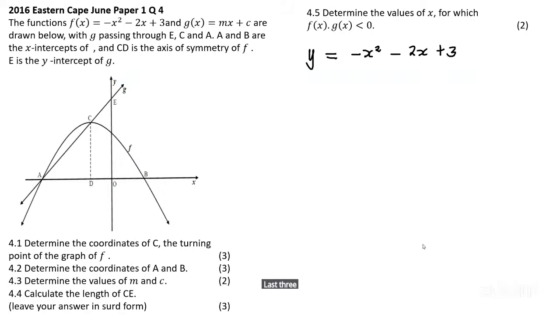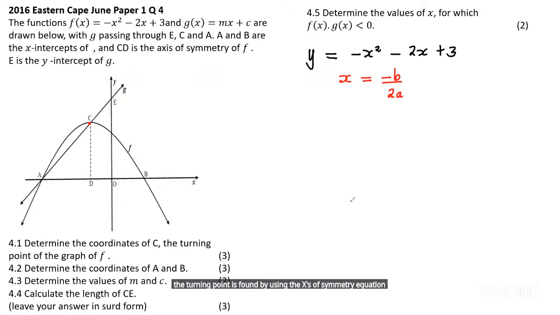The x value of the turning point, the x value of C, is found by saying minus b over 2a. So the x value of C, the turning point, is found by using the axis of symmetry equation.